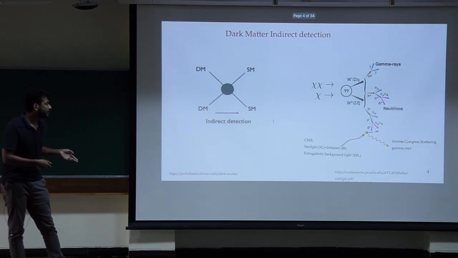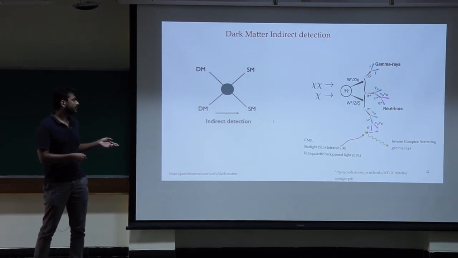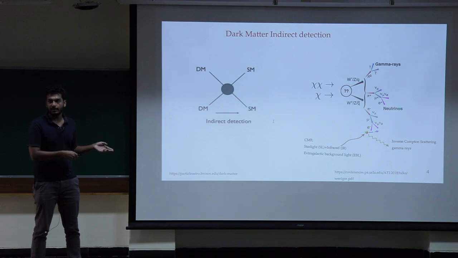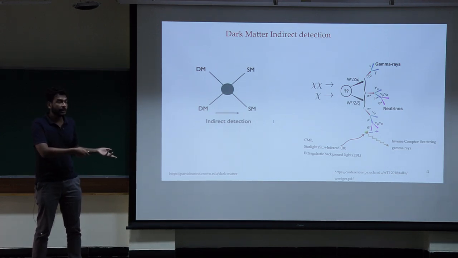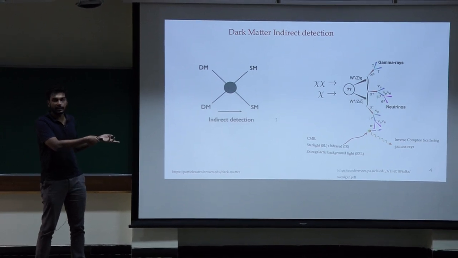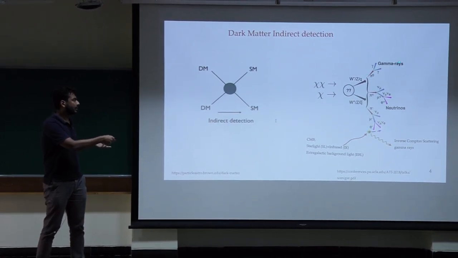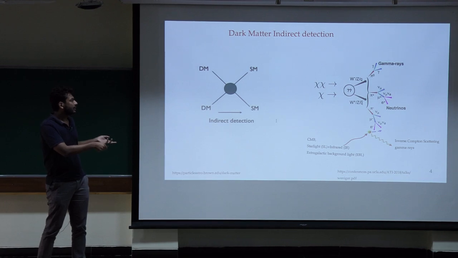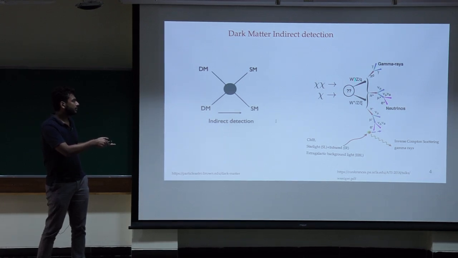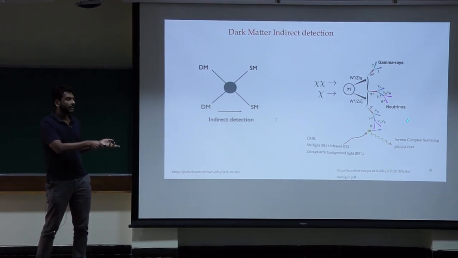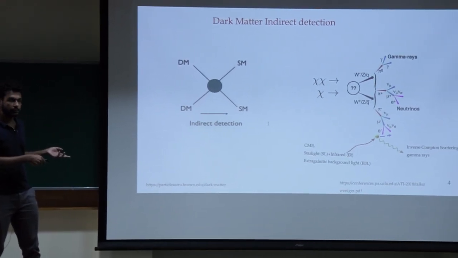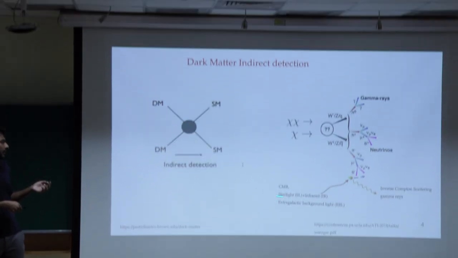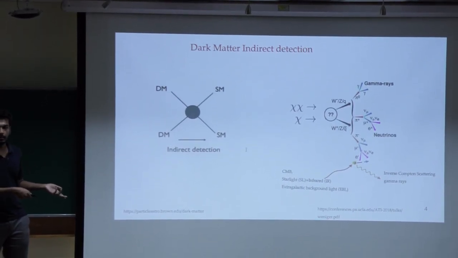There's one example of this you can see. What can happen is dark matter can decay or annihilate and produce, let's say, standard model particles, let's say W plus, W minus. These particles can further decay and hadronize and produce gamma rays. Another thing can also happen: these particles can also produce high energy electrons, and these high energy electrons can upscatter low energy background photon fields like CMB, starlight, infrared or extragalactic background light.